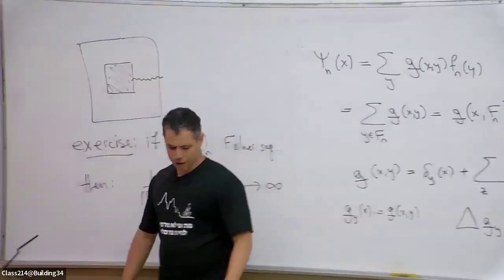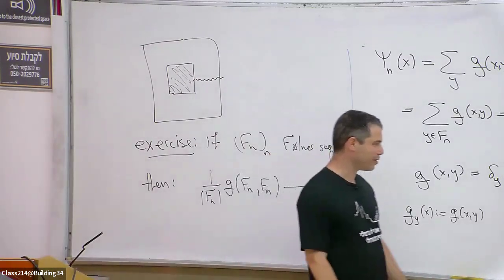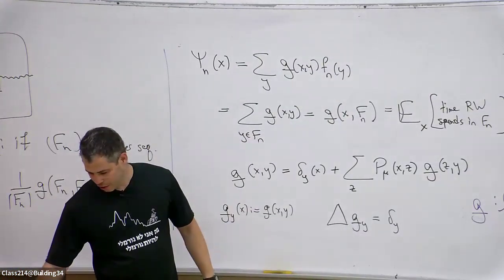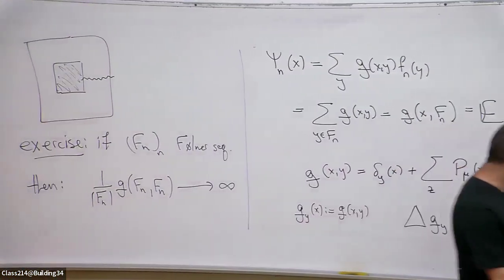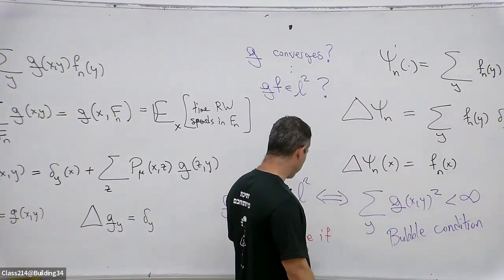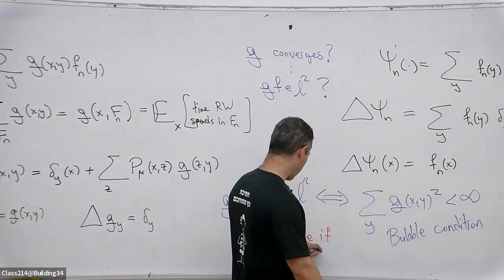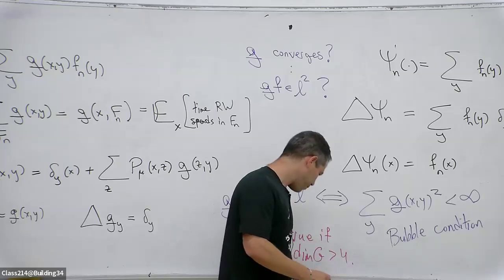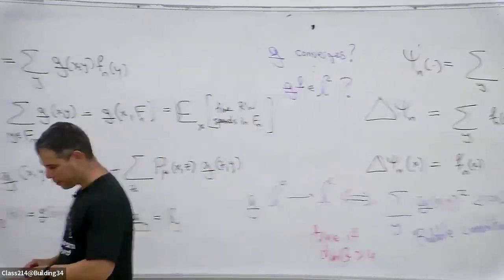It does have something to do with random walks, and this is true if the dimension of G, which I didn't say what that is, is strictly bigger than 4.